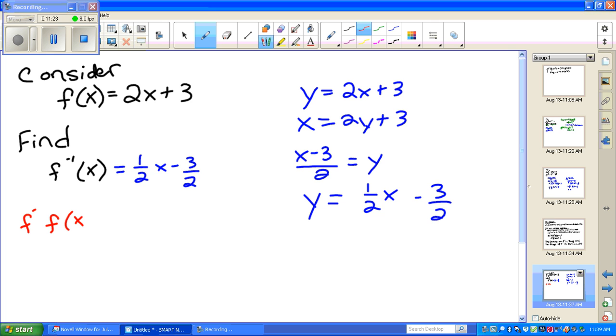So I'm going to do f inverse of f of x. So therefore f of x is my control, so f inverse of 2x plus 3. And feel free to do it the other way as well if it's an easier computation for you. So in my f inverse, wherever there's an x, 2x plus 3 is going to go in place of that.